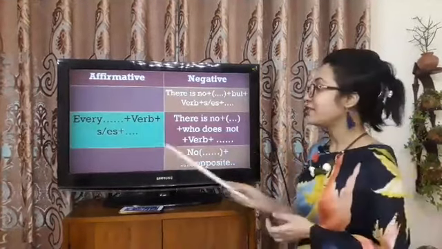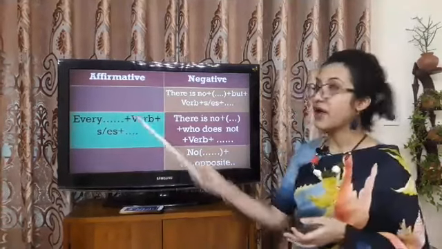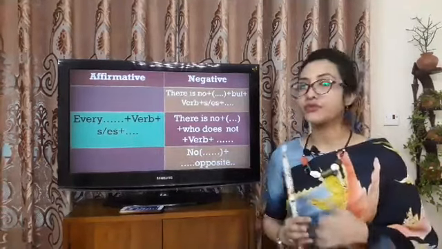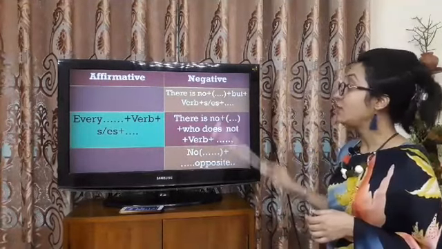So what's the rule? The rule is, if you have every in affirmative sentence and after that you have an indefinite pronoun or any noun, then it can be changed into negative in 3 ways.